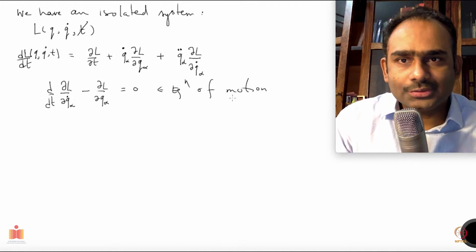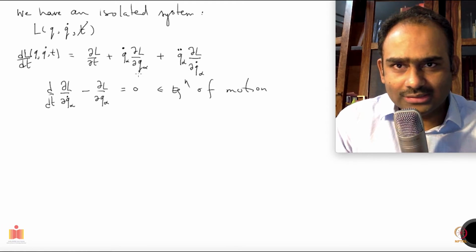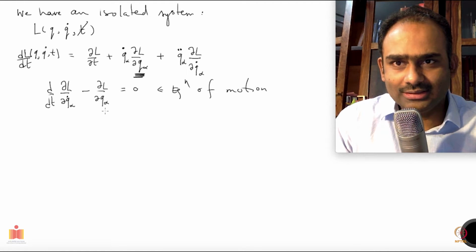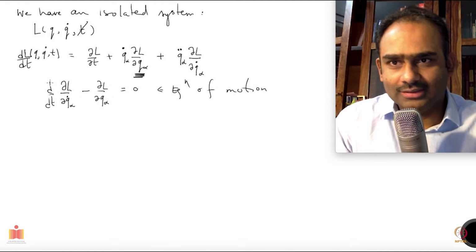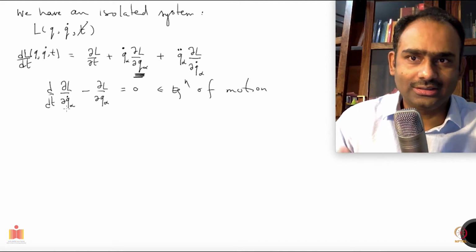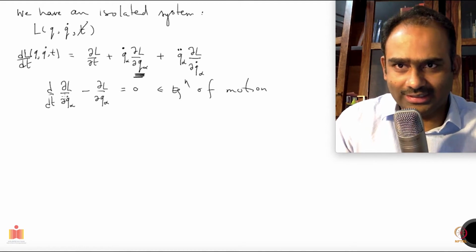I want to substitute this here, meaning I'll take this term del L over del Q alpha and substitute it with the total derivative d over dt of del L over del Q alpha dot.